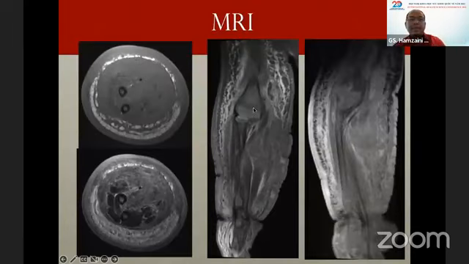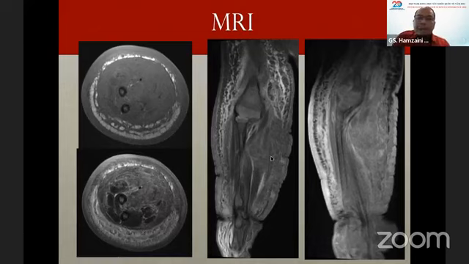You can see this is T1 and this is T2 MRI, and this is T1 without contrast, and this is T1 post contrast. You can see the subcutaneous tissue has shown some enhancement.